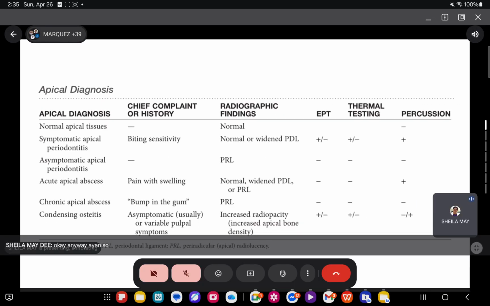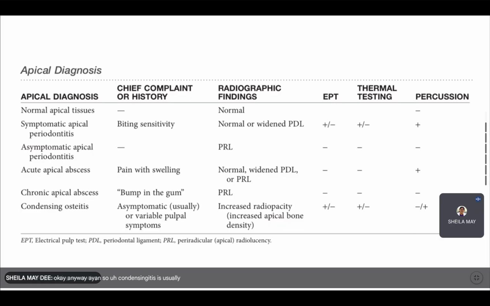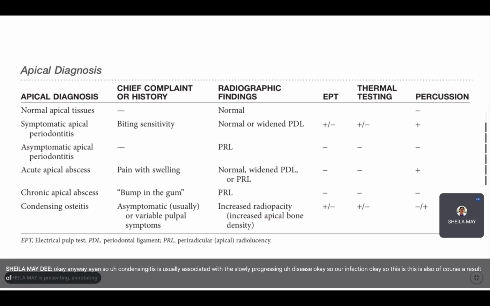So, condensing osteitis is usually associated with a slowly progressing disease or infection. This is, of course, a result of the density of the bone around the apical area of the tooth. It's also a result of the inflammatory response, but this time of the bone.